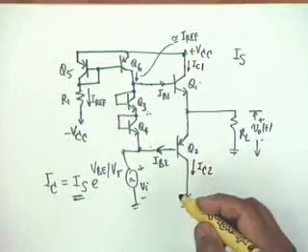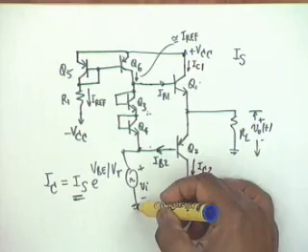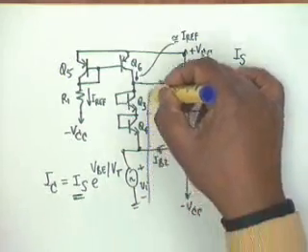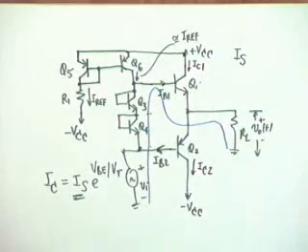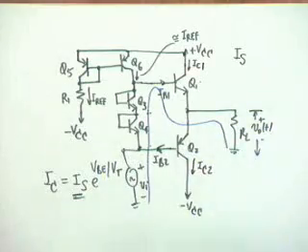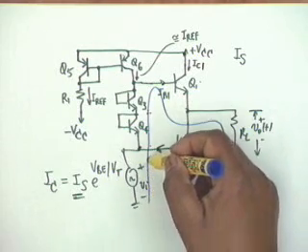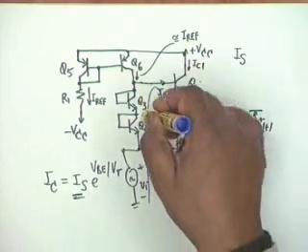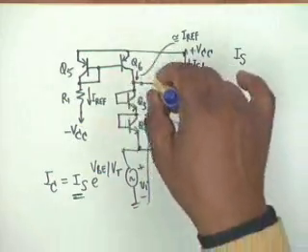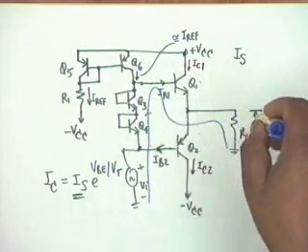You see that if I go from ground via this path to ground again, we can write a KVL, and this KVL would be Vi plus VBE4 plus VBE3, that would be equal to VBE1 plus V0.